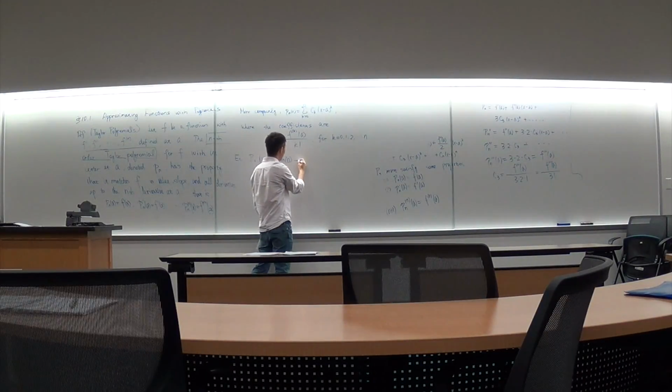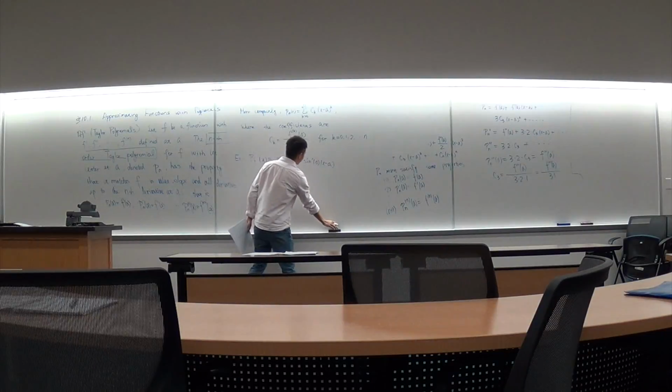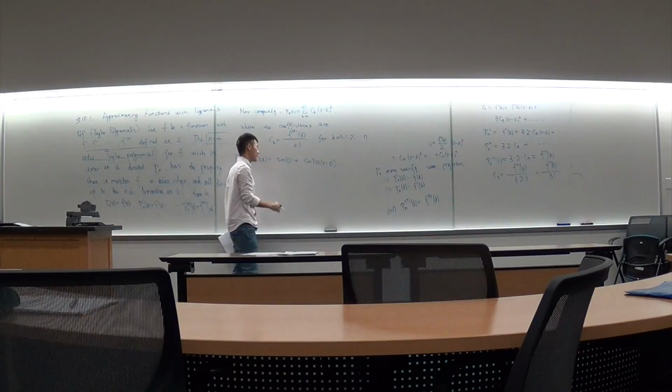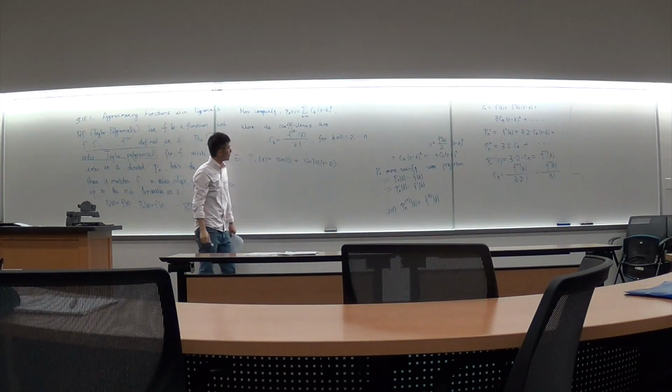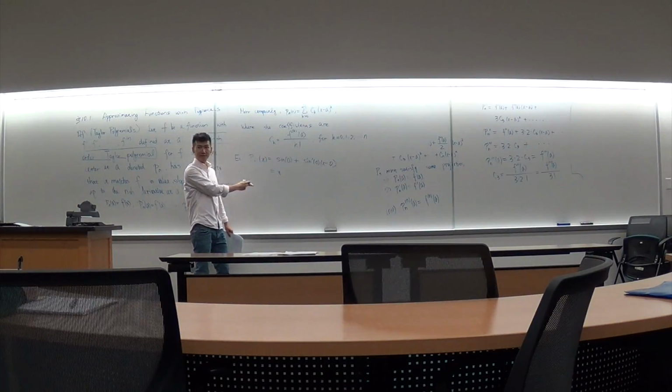And then plus sine prime at 0, times x minus a. Oh, sorry, x minus 0. So we're exactly following the definition here. Now, that's simple. The derivative of sine is cosine. Cosine 0 is equal to 1, so it's x. So P1 is equal to x.